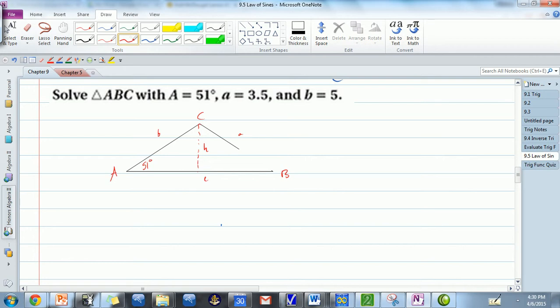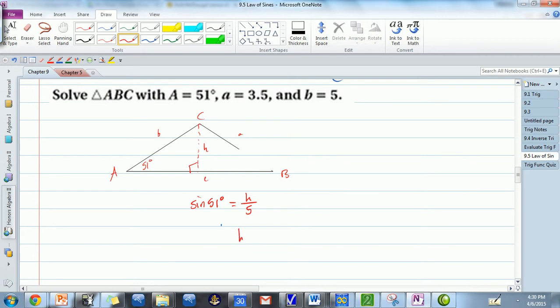So what happens is that since H equals that, and this is our right angle right here, B is our hypotenuse, H is one of the legs right here, right? So we just took the sine of 51 degrees. We end up with H over whatever B is, and B in this case is 5, right?